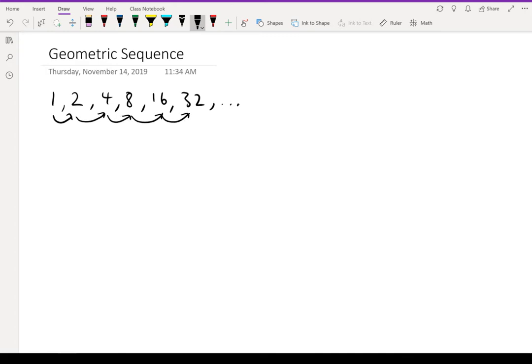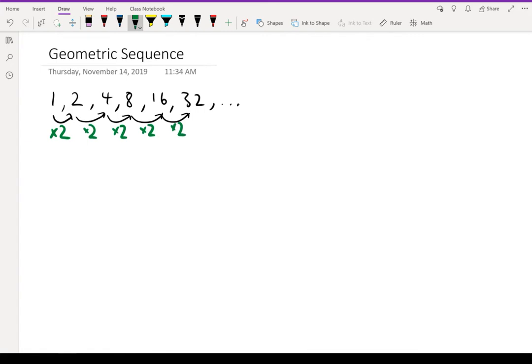Now, in arithmetic sequence, we're adding the same number every single time. But in geometric sequence, instead of adding, this time we're multiplying by a common ratio. So this one is just times 2, and this is times 2, times 2, times 2, times 2, and so on.